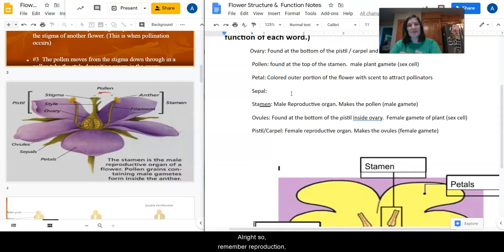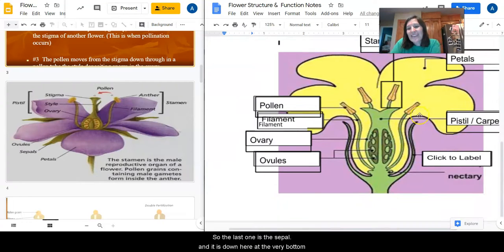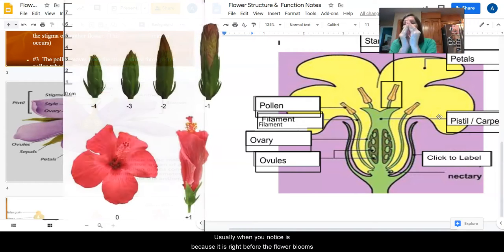All right, so remember reproduction, we're making babies. All right, so the last one is the sepal, and it is down here at the very bottom. Usually when y'all notice the sepal, it's because it's right before the flower blooms. It's kind of the green casing around the flower. And then you start to see the petals come out.